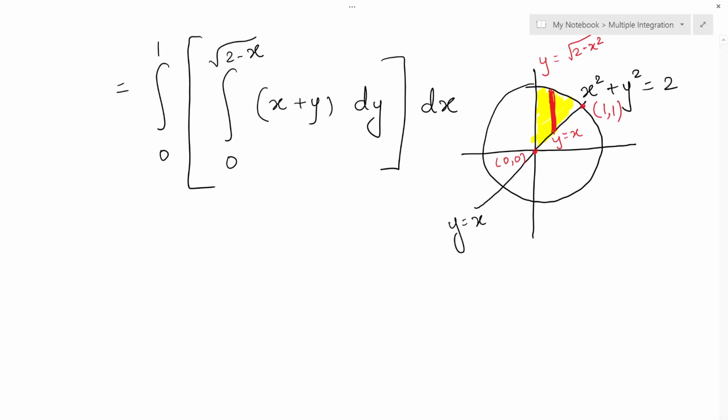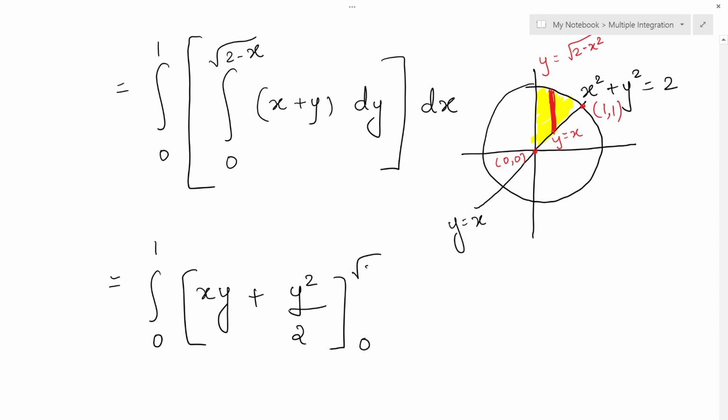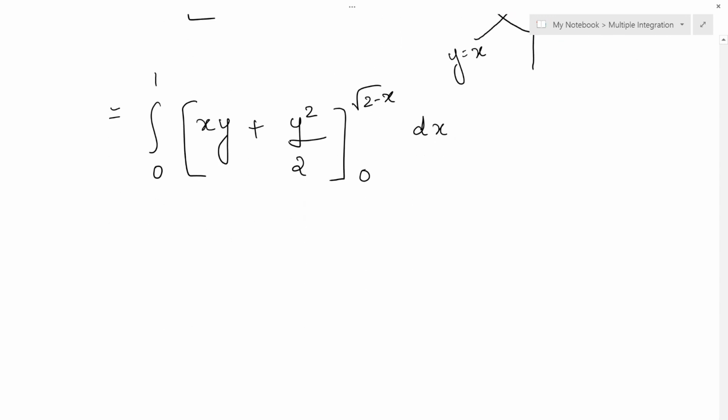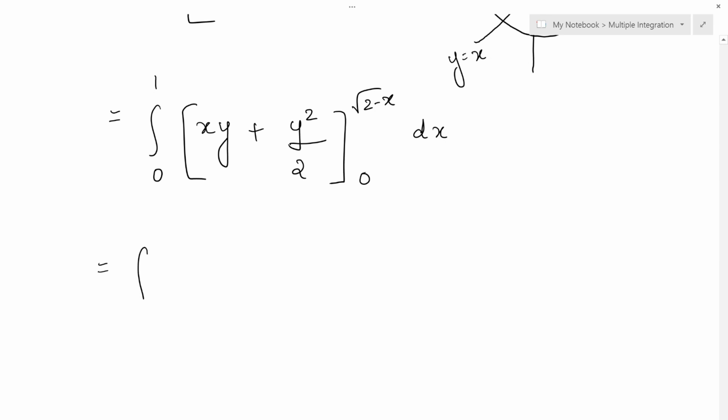So let me integrate this with respect to y first. So that will be 0 to 1, xy plus y square by 2, from 0 to 2 minus x square, dx. Right? So after integration, this will be 0 to 1. Let me substitute the limits in place of y.